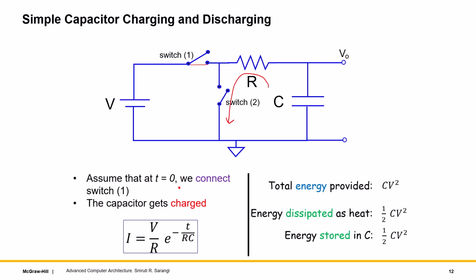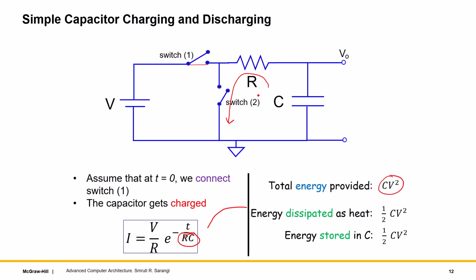So let's look at the equation for charging. This is the classic equation, which can be derived quite easily: V by R multiplied by e to the power minus t by RC, where RC is known as the time constant. This is the classical capacitor charging equation, where the voltage gets charged like that. The total energy that is provided is CV square.